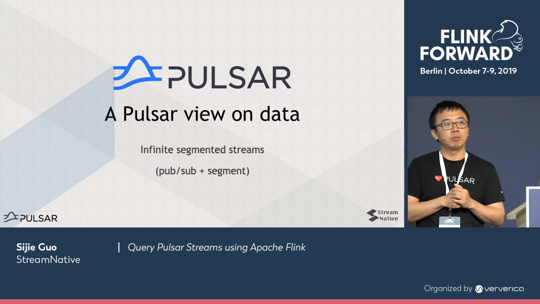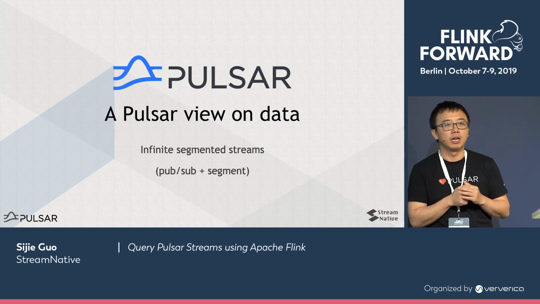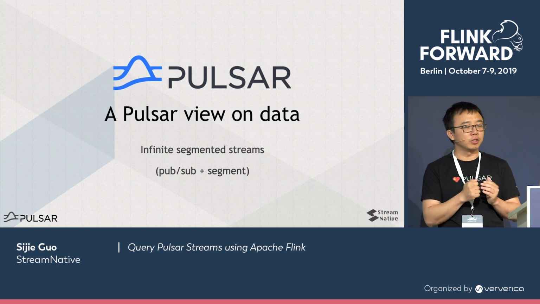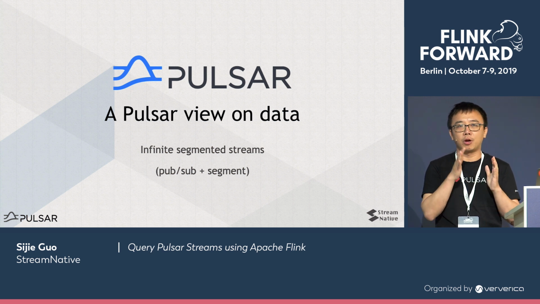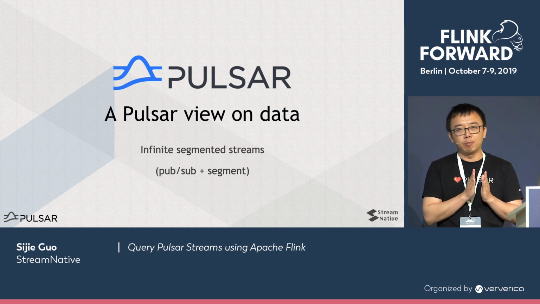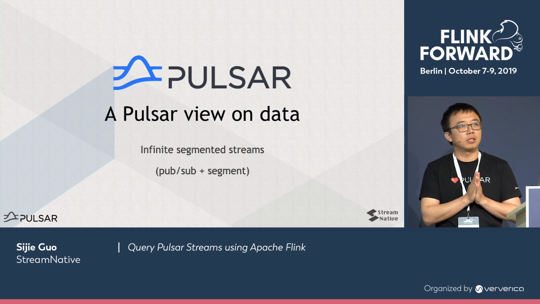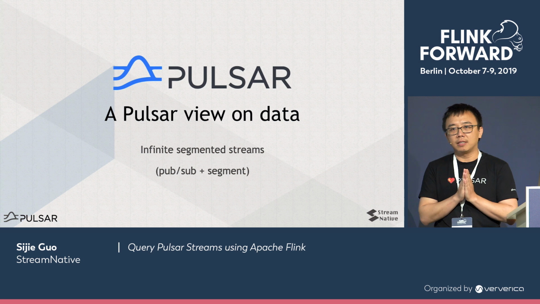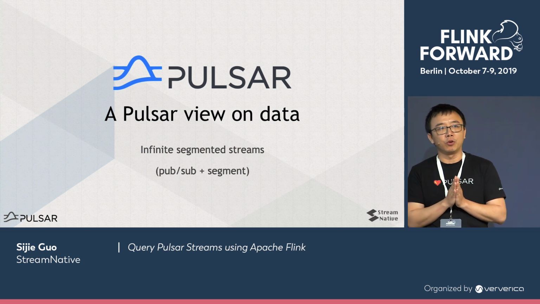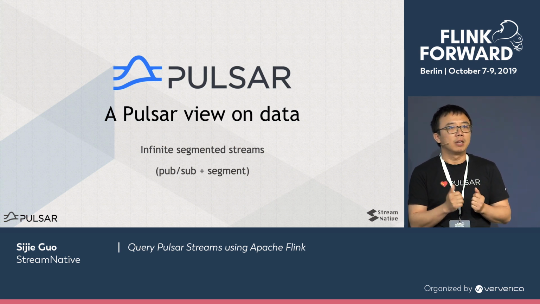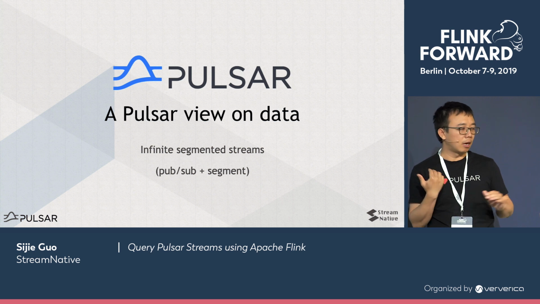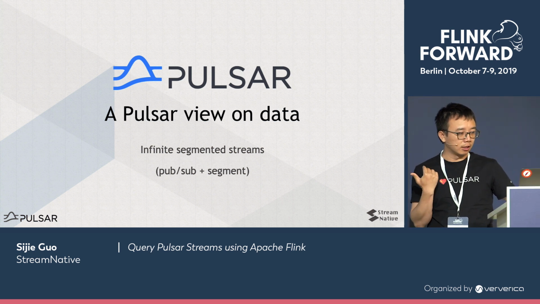The integration between Pulsar and Flink is based on one principle, how Pulsar views the data. The data in Pulsar is abstracted as infinite segmented streams. With that being said, it provides two levels of reading API. One is PubSub, the other is segment. I'll mention that a bit later.